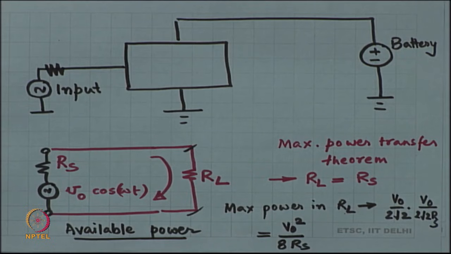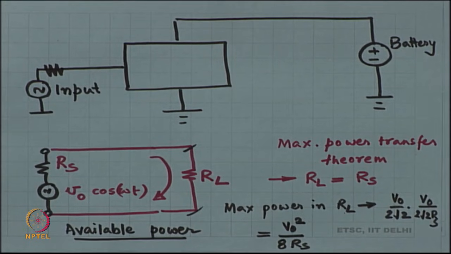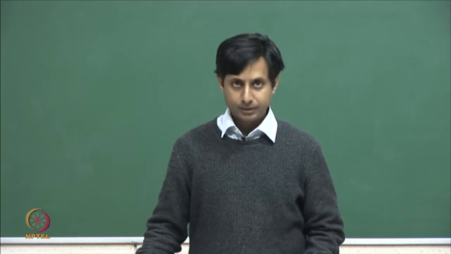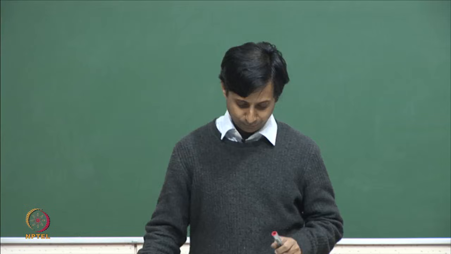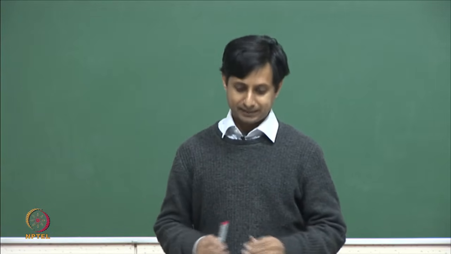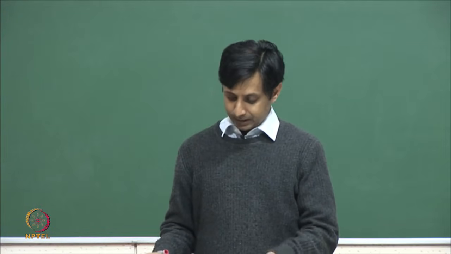When I say that the available power is limited, that means this R s is some finite value, because if R s had been equal to 0, then the maximum available power can be infinite. You can get whatever power you want out of that. So, that is what I wanted to point out, and it all comes from the maximum power transfer theorem.